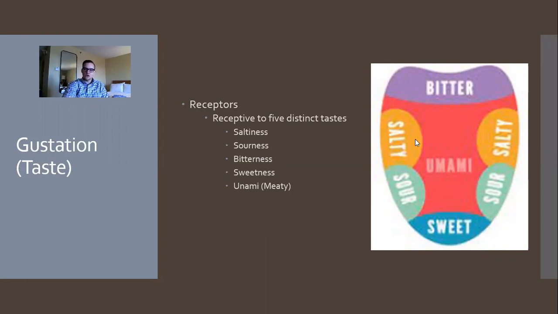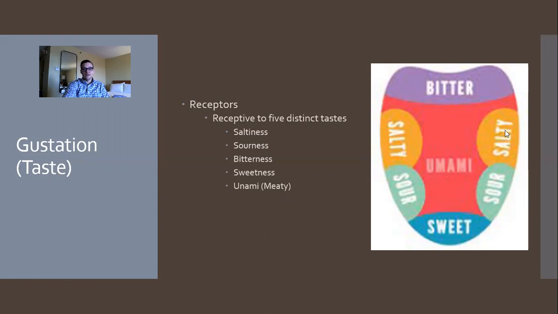So, for example, here's a rough map. These are not the only parts of your tongue that process salty taste. There are other receptors that process the taste of saltiness spread across the tongue.